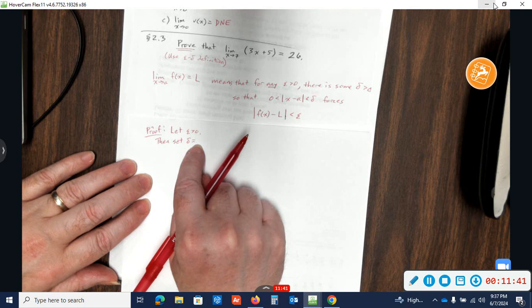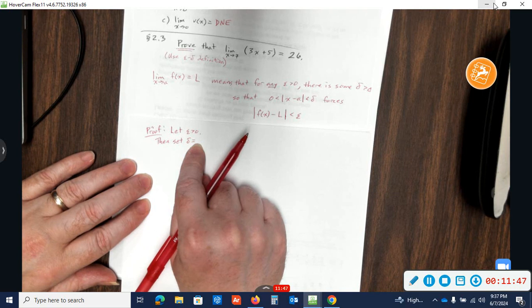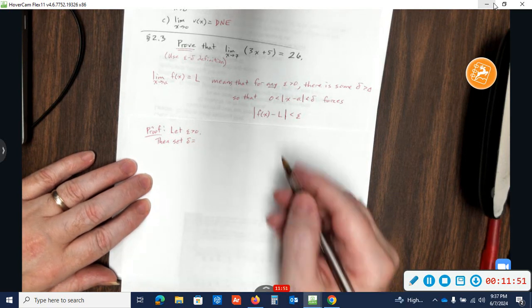What should this be? I don't know until I figure it out. And figuring it out usually means working backwards.